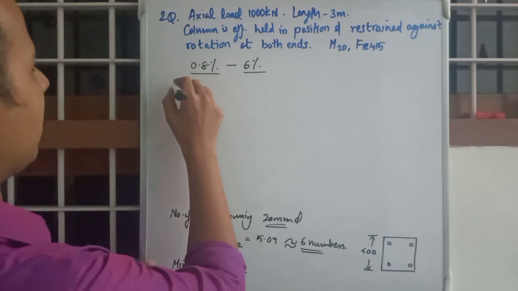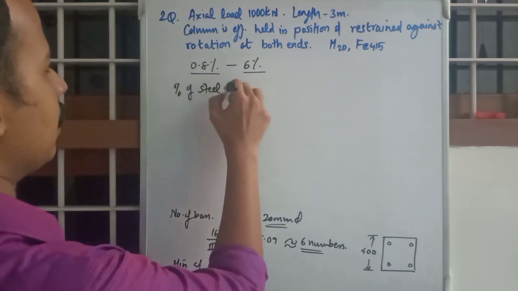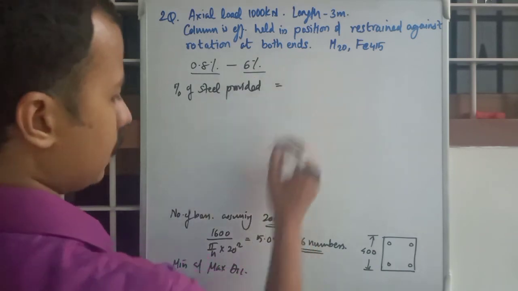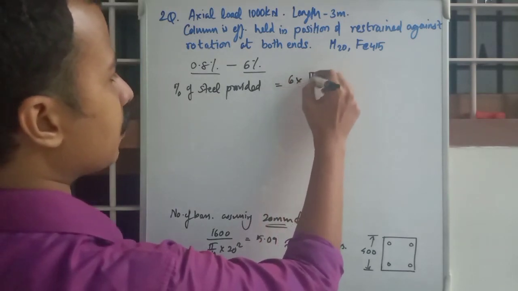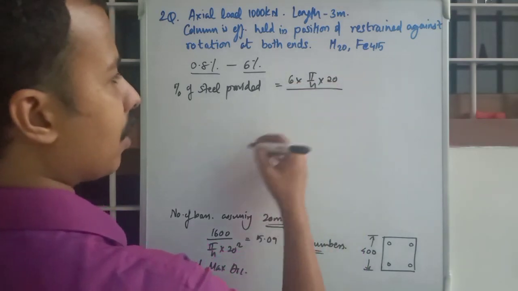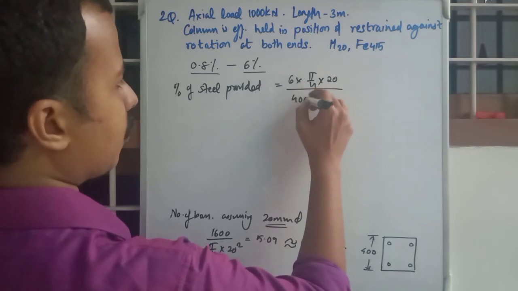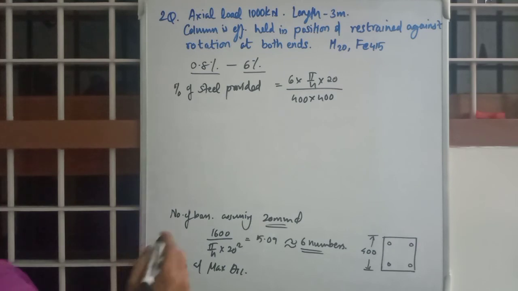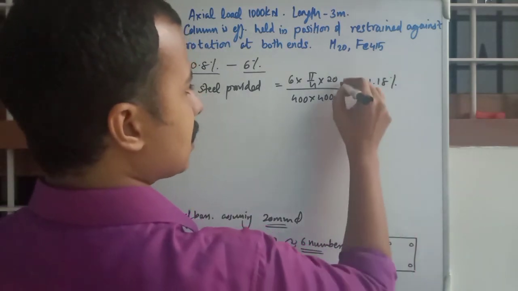So you need to have percentage of steel provided, that is equal to 6 numbers of pi by 4 into 20 mm dia bars divided by total area, that is 400 by 400, into 100. You will get it as 1.18%.